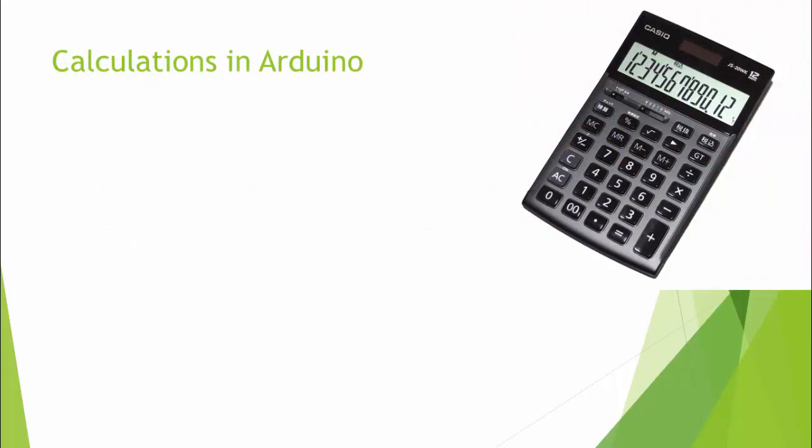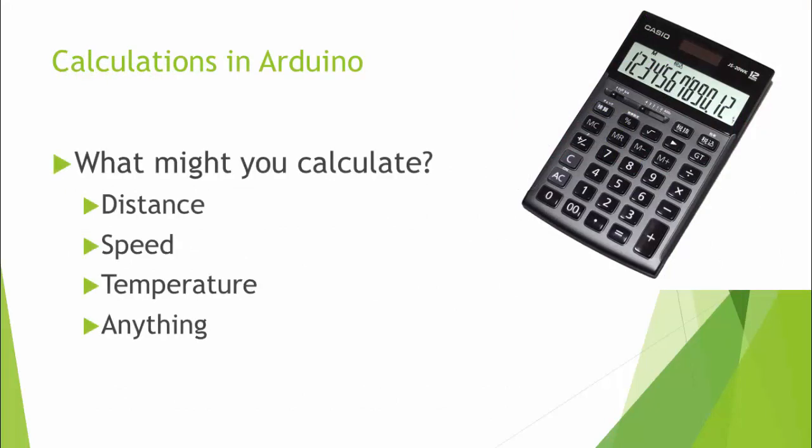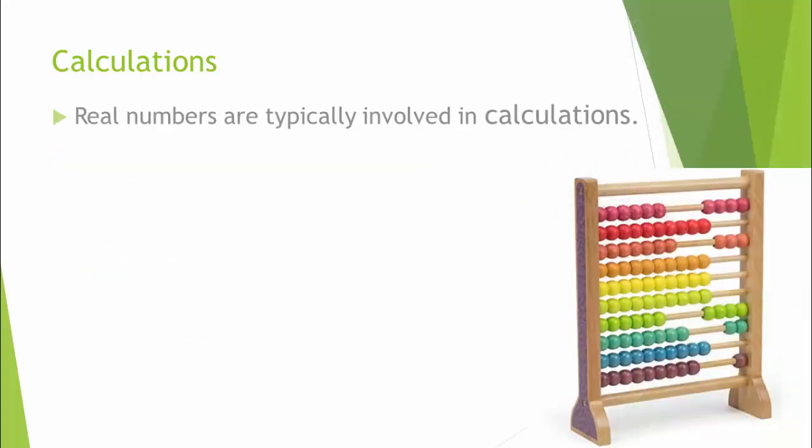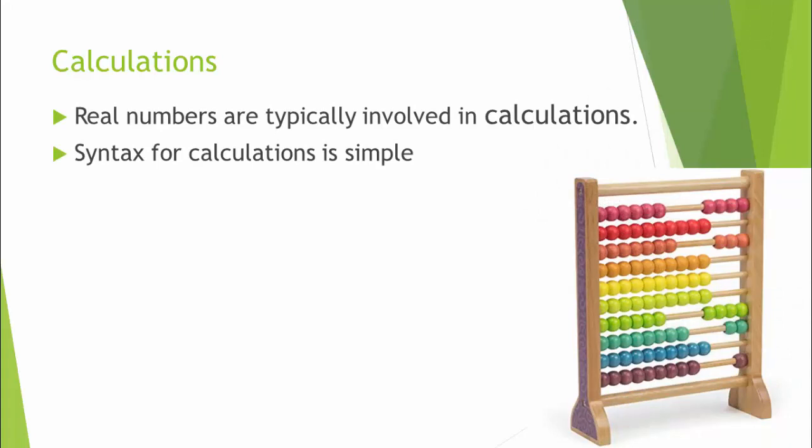Now, if you want to do calculations in Arduino, you can think about what things you might calculate. You might, if you've got a robot, calculate distance. You might calculate speed for some purpose. You might calculate temperature if you have a temperature sensor. There's many, many different calculations that you might do. You typically use a real number for calculations.